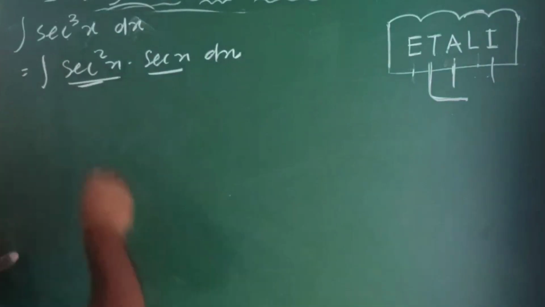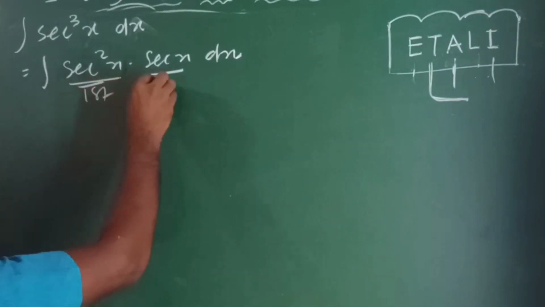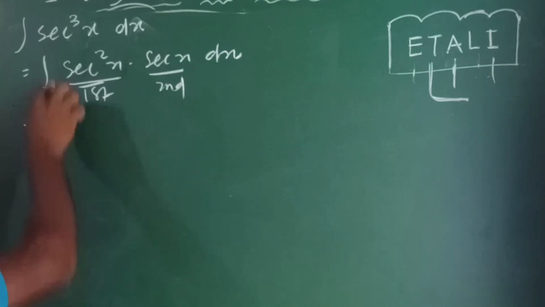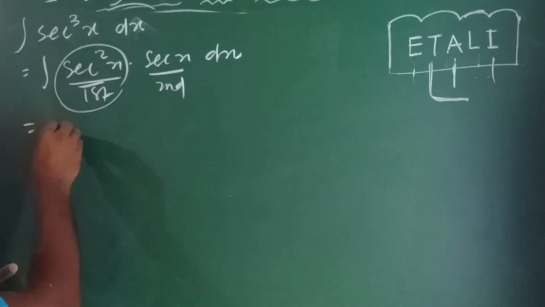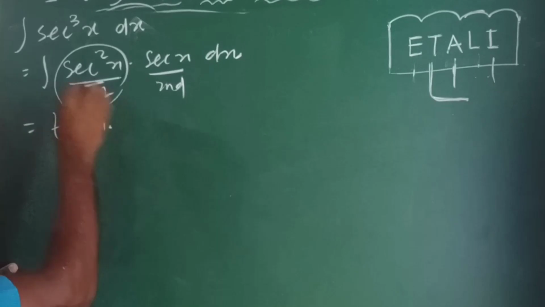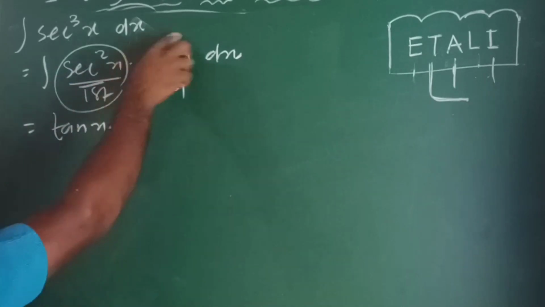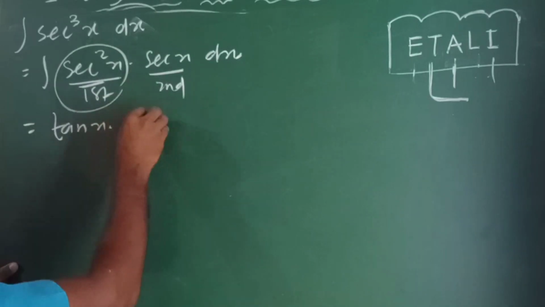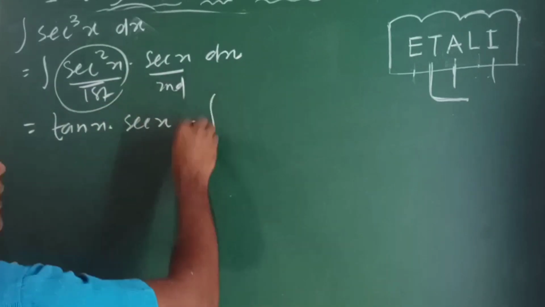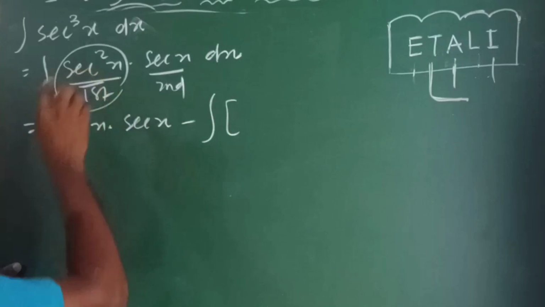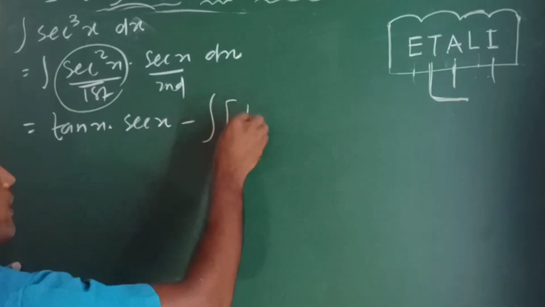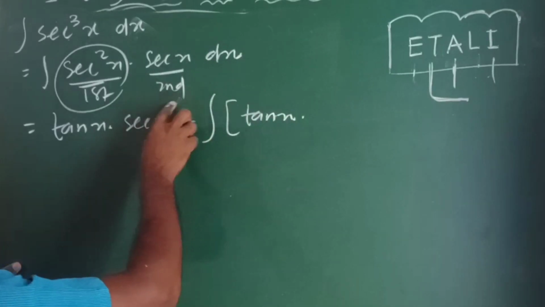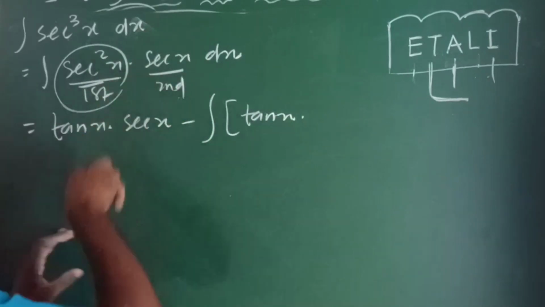So now this is the first function and this is the second function. Now students, the formula is: integration of first, that means integration of sec square x is tan x, into second, which is sec x, minus integration of first, that is, integration of sec square x which is tan x, into derivative of second.